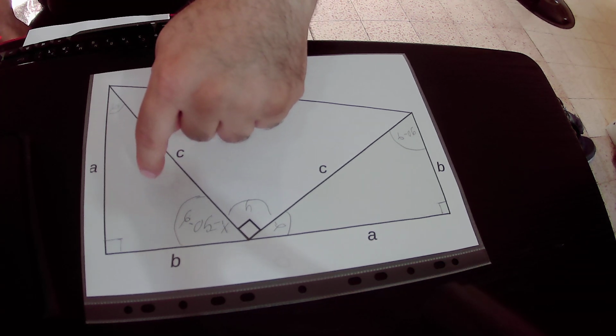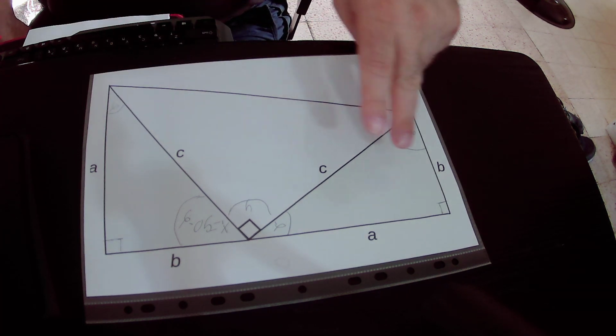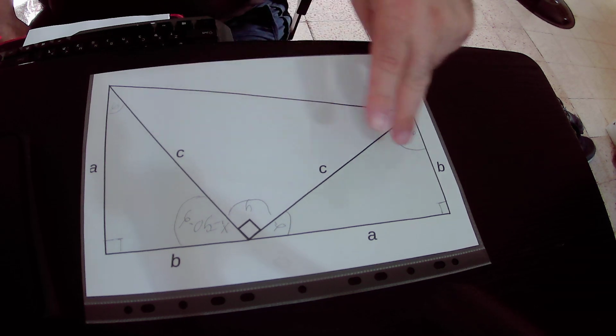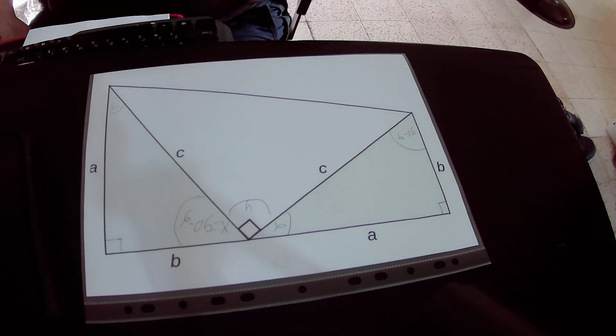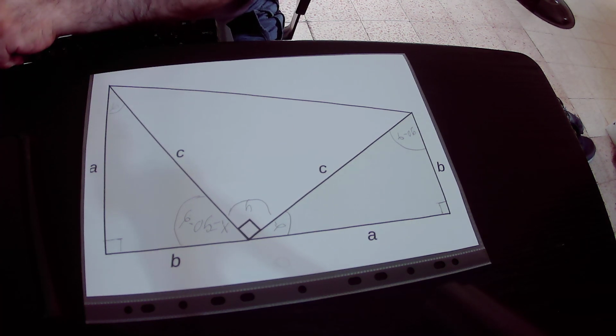The copy of it is here, ABC. I will prove that these two right triangles coincide.